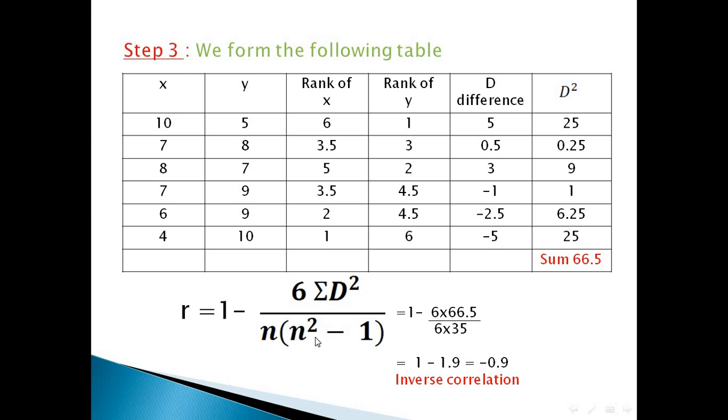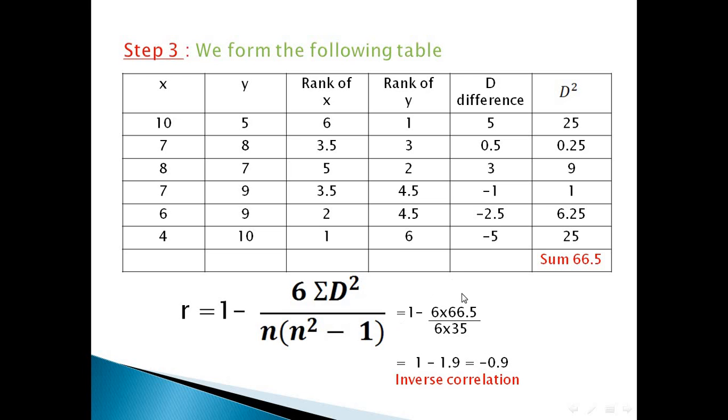Multiplied by n squared, which is 6 squared, give me 36. 36 minus 1, which is 35. So you have n 6, and this bracket, its answer is 35. 6 times 35.